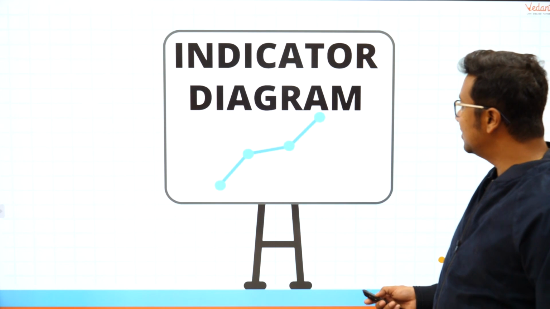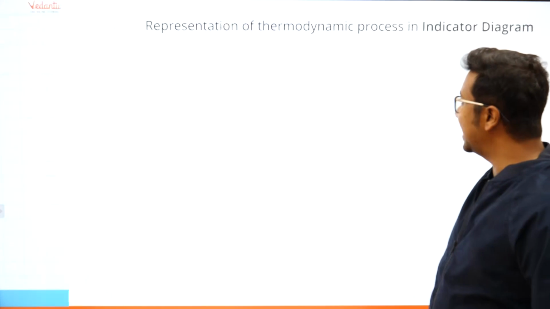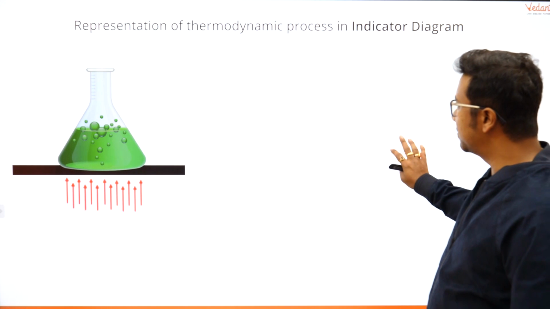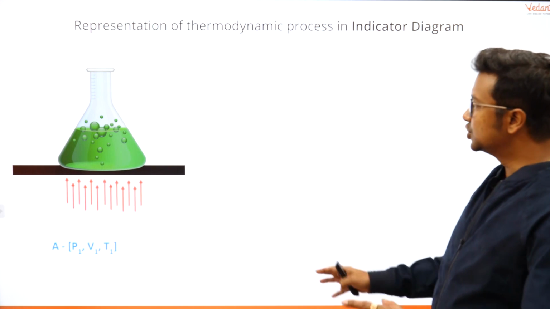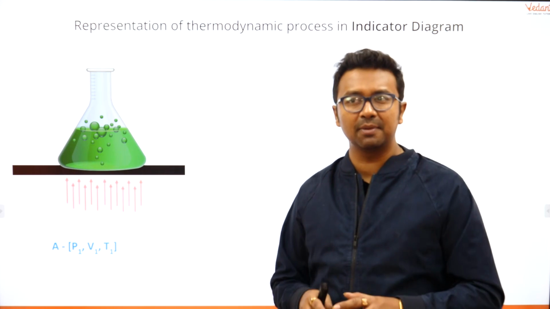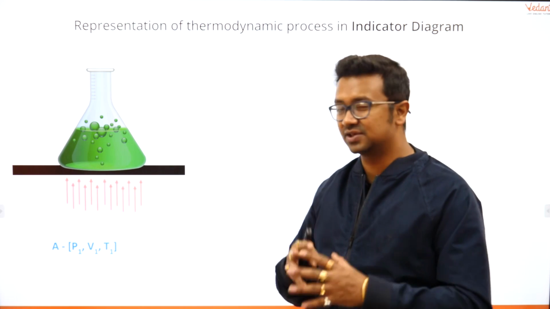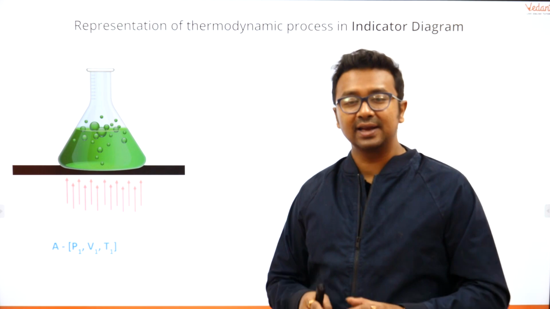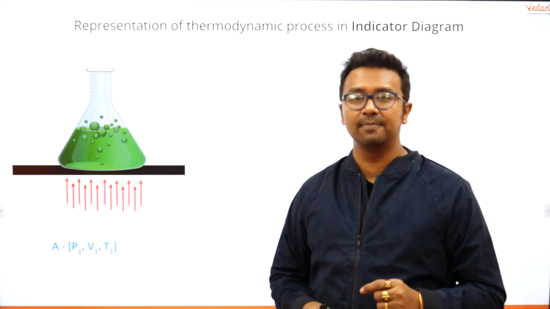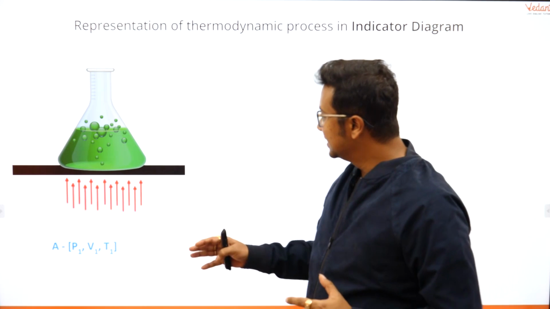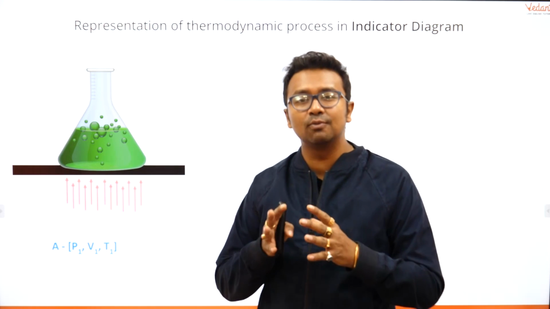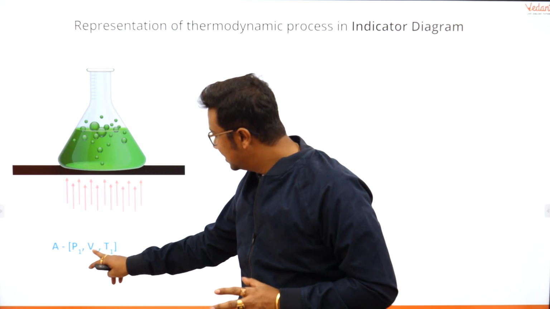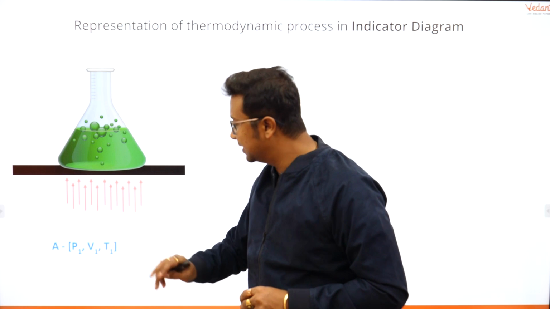Generally, we study the indicator diagram with respect to a thermodynamic process. Let's say we have a beaker filled with gas, and it is being heated with a certain amount of heat. At a certain time T1, the gas has certain thermodynamic variables: pressure P1, volume V1 and temperature T1.